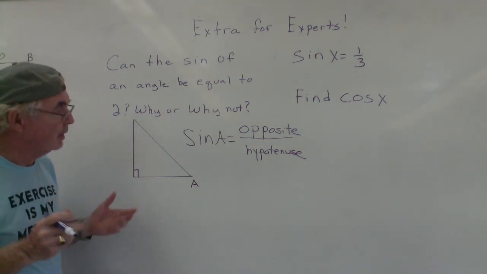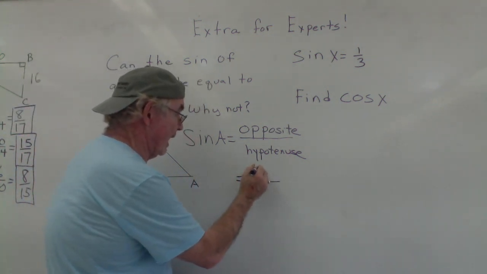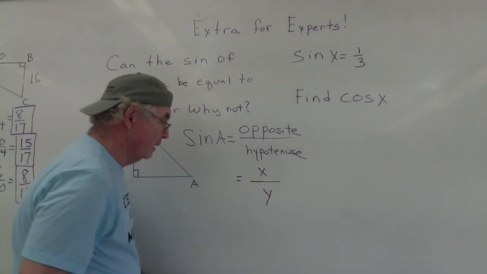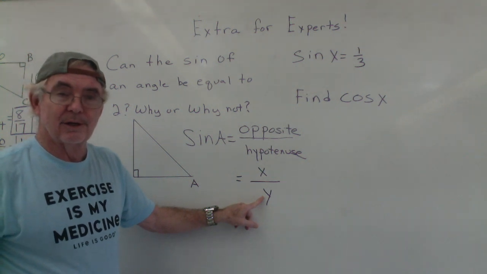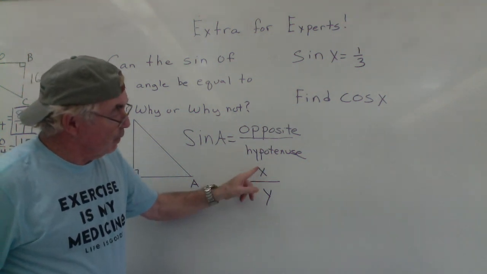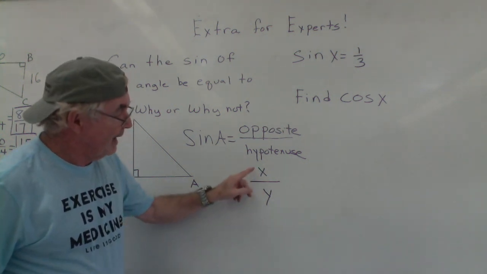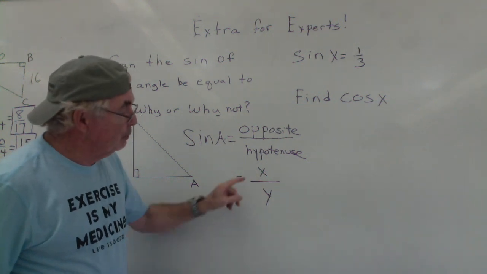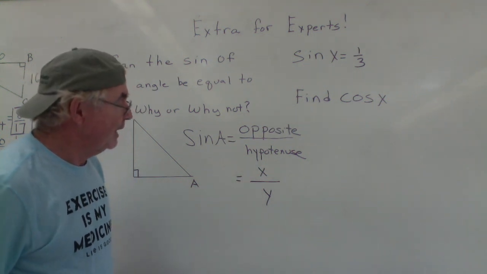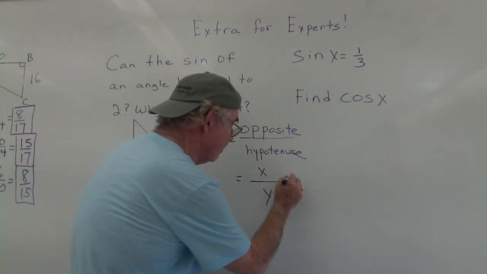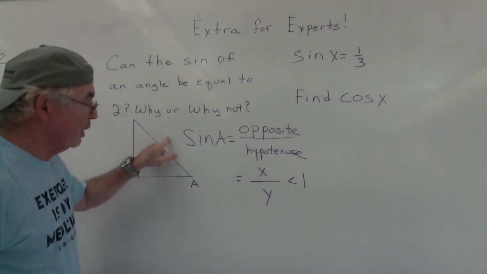Every time. So if you were to divide number x by number y, and y's larger, for example, 4 over 5, 3 over 5, 8 over 10, you will see this number will never be 2. In fact, it's always going to be less than 1 because the hypotenuse is the largest side.